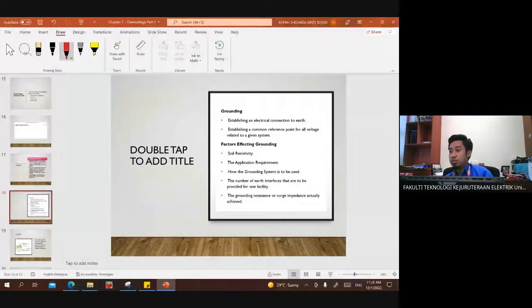Grounding establishes an electrical connection to the earth, and a common reference point for all voltages related to the given system. I think your friends have done experiments or FYP based on the grounding system.